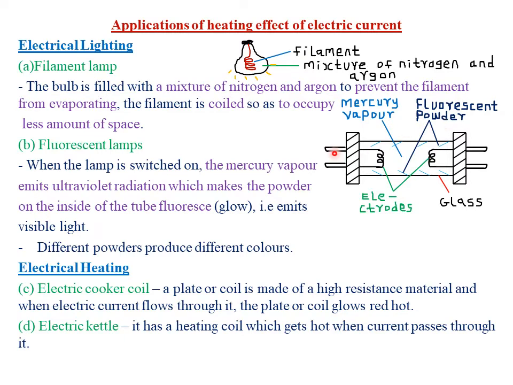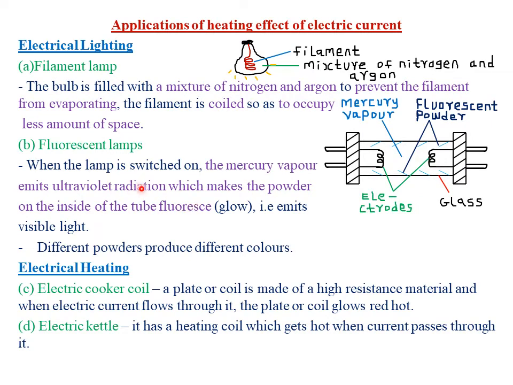Remember, these parts are connected to the source of electricity. So when the lamp is switched on, the mercury vapor emits ultraviolet radiation. In between here we have the mercury vapor. When the current flows through the electrodes, the mercury vapor emits ultraviolet radiation, which makes the powder on the inside of the tube fluoresce.